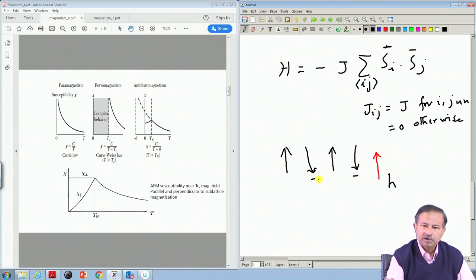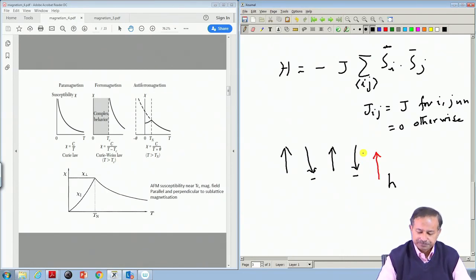So, they will try to align along the field direction. It is also possible that the state may completely change, and there are situations where such a thing can happen. It is not just that these spins all align along the magnetic field. That happens for very large magnetic field, of course, but there are other possibilities that I will not discuss here, but you can think about it.